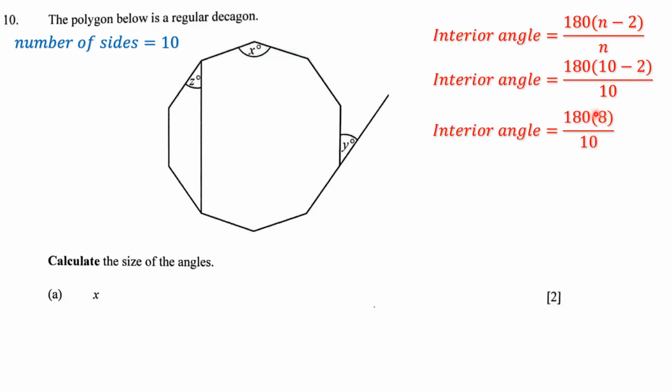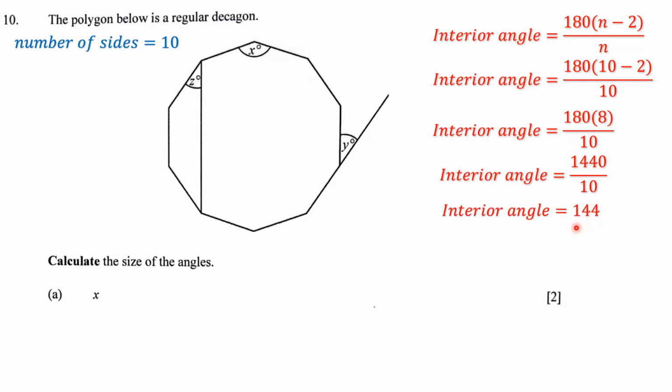Let's multiply them: 180 multiplied by 8 is going to be 1,440, all over 10. Let's divide that by 10, and so that's going to be equal to 144.